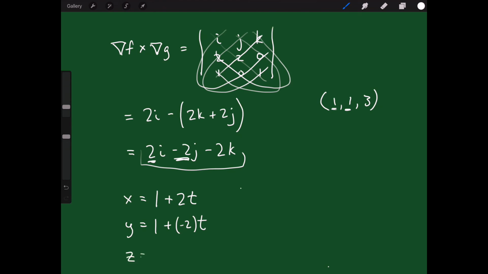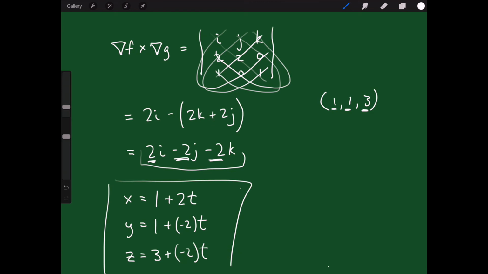And z is equal to z0, which is 3, plus negative 2t. And that will give me my tangent line to the intersection of those two curves.